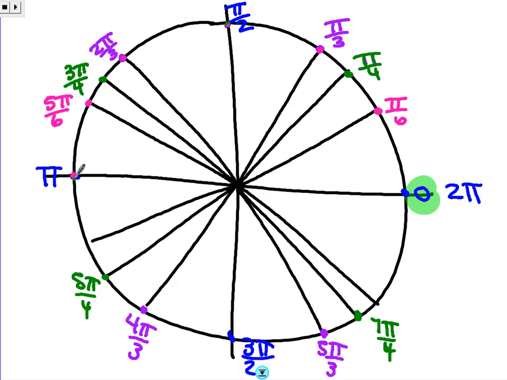So there should be 6 chunks there, right? 1, 2, 3, 4, 5, 6. Then I keep going. 7 pi over 6. 8 pi over 6. 9 pi over 6. 10 pi over 6. 11 pi over 6. And we're done.